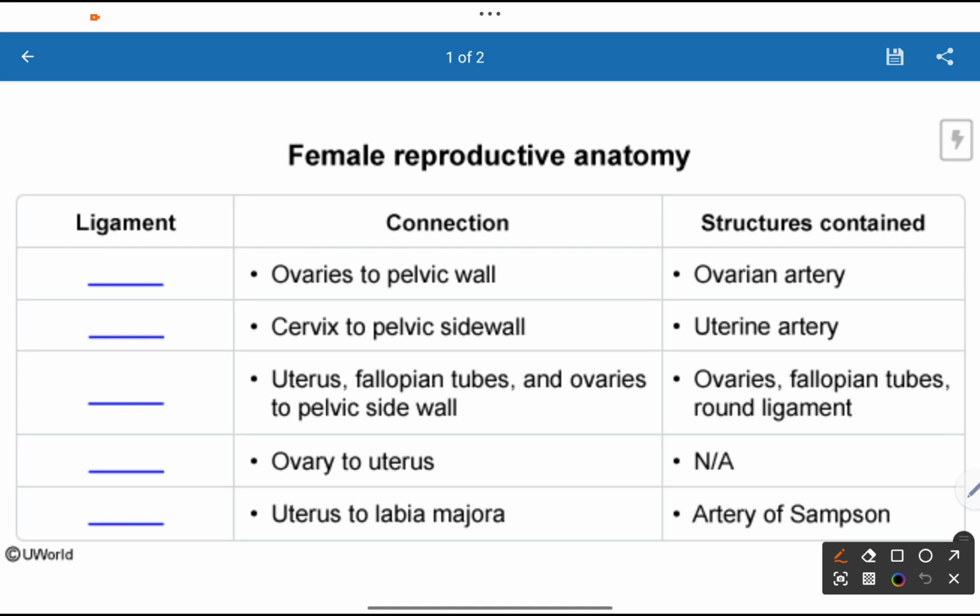The question is very beautifully designed in UWorld. It is about the ligaments and connections and the structures contained. Which ligament connects the ovaries to the pelvic wall? As we all know, it is the infundibulopelvic ligament, also known as the suspensory ligament.